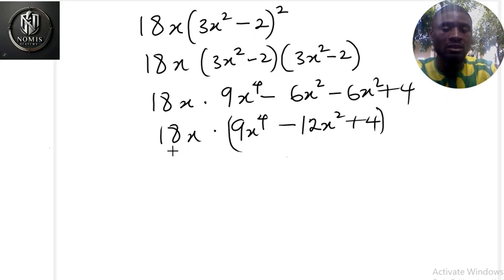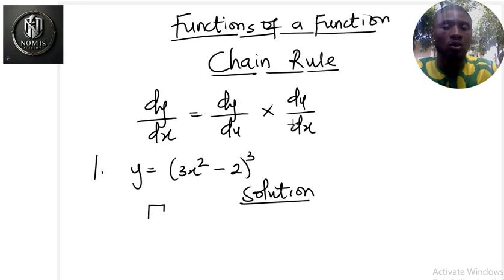Don't forget that this is multiplying everything, so you may leave your answer in this form. In fact, you can leave your answer at this point. So this is the dy/dx of the value given to us in the question, which is (3x squared minus 2) all raised to the power of 3.